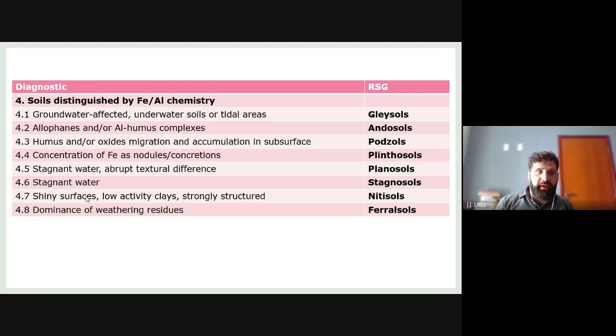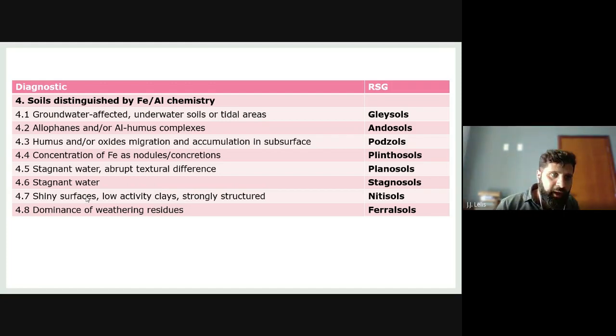And because of that, these soils do not present iron 3, just iron 2. So it's a particular iron chemistry, and because of that, we individualize them in a specific reference soil group that's called gleysols. So the gleysols are those soils that are influenced by the oscillation of the water table and tidal water.